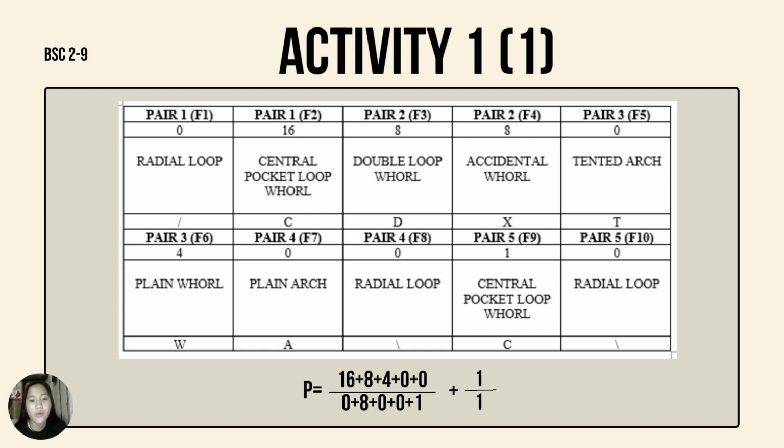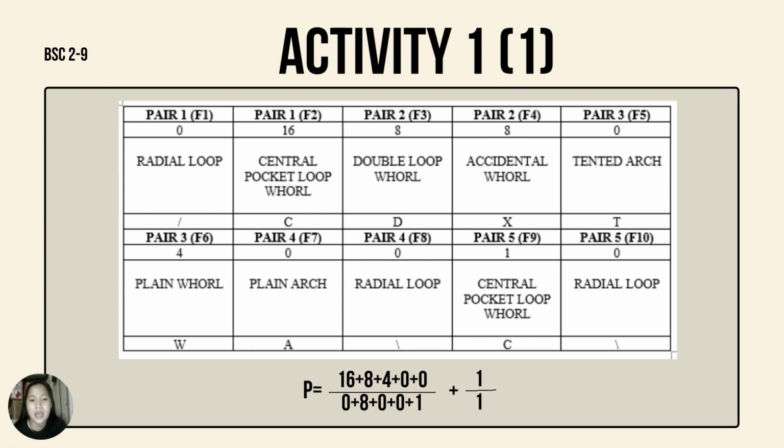Substituting into our formula, remember that if it is an even-numbered finger, it goes in our numerator, and if it is an odd-numbered finger, it goes in our denominator. This comes to 16 plus 8 plus 4 plus 0 plus 0 over 0 plus 8 plus 0 plus 0 plus 1, added to 1 over 1.